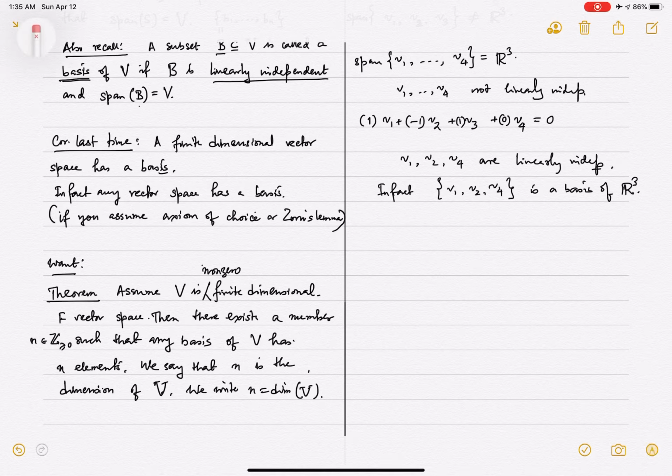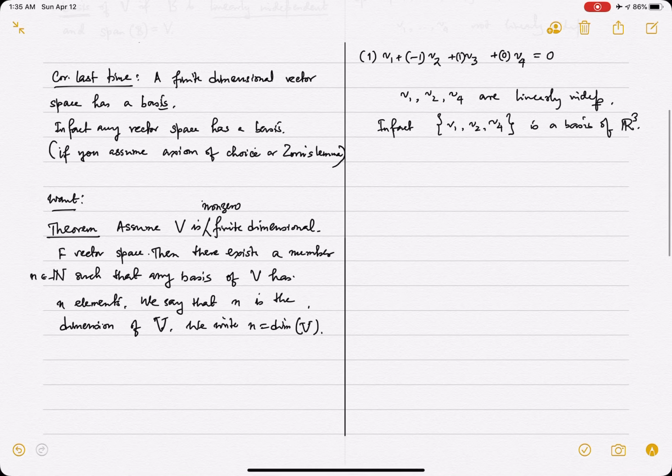Then this number is going to be at least 1, so a natural number. And then finally I'll say we define the dimension of the zero vector space to be 0. Okay. And that solves the issue.